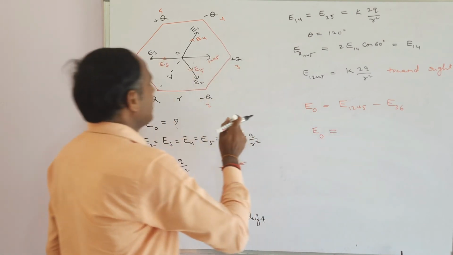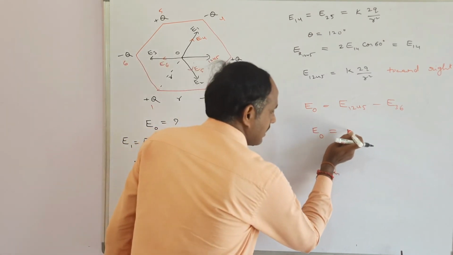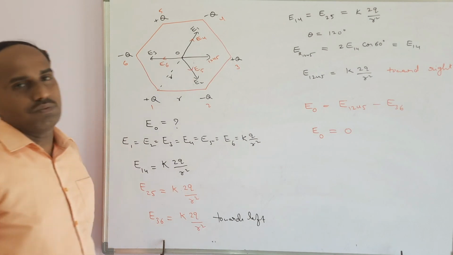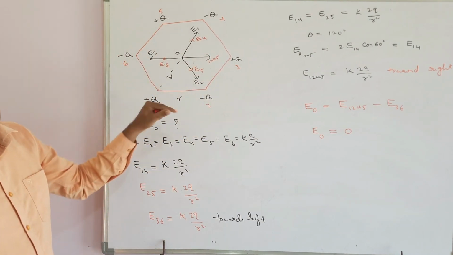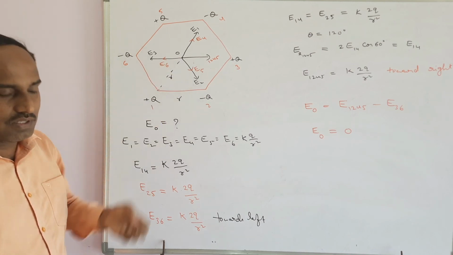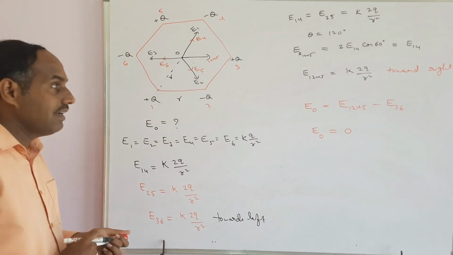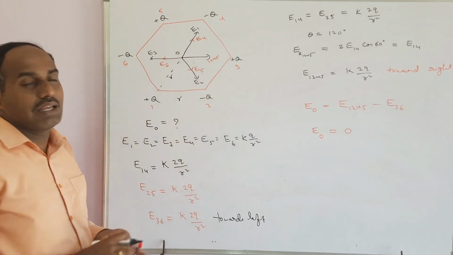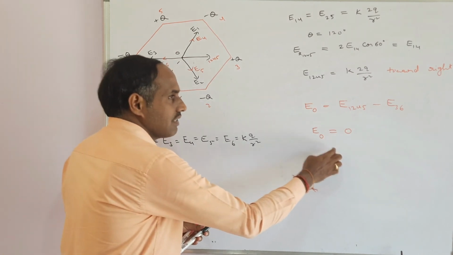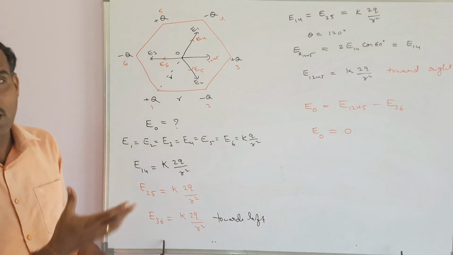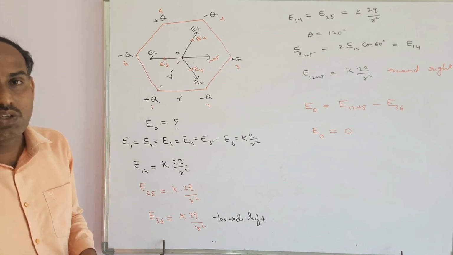Therefore, the resultant electric field strength at the center is 0. Means if you are taking all positive charges or all negative charges, then the electric field strength is 0 at the center. And even if you are taking alternately positive and negative charges, then also we get the resultant electric field strength at the center of the regular polygon, the hexagon, is 0.